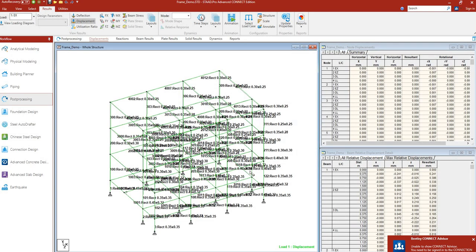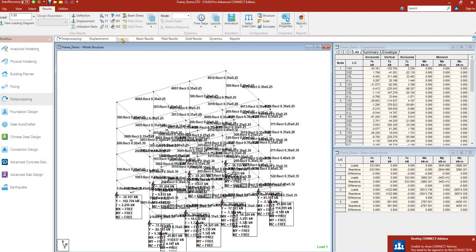Punta tayo dito sa reactions. And then, dito sa statics check result, ayan, click mo itong load case number 3 under FY.